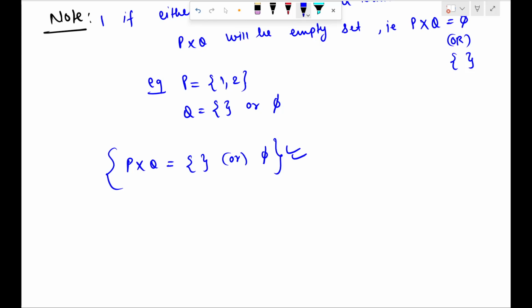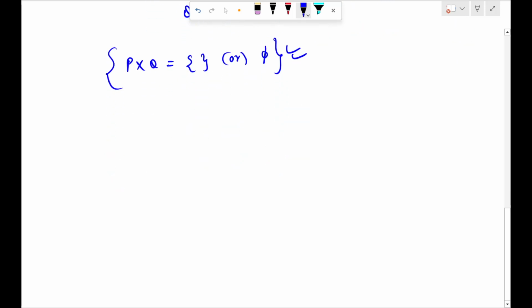Second point is, in a set, order is not important, but in the Cartesian product of two sets, order is important, or we can say very crucial.